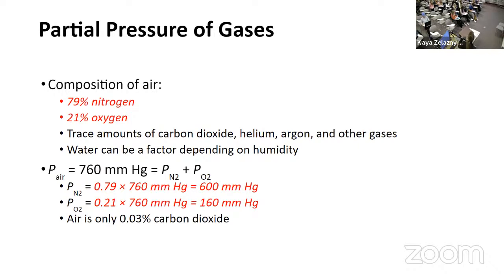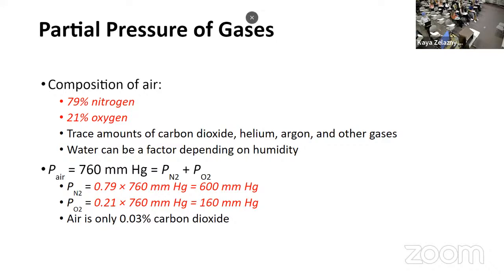Depending how humid it is outside, we may have water vapor as a gas in the air around us that can also make a difference, okay? So the composition of air is made up of a number of different gases. The ones we're primarily paying attention to are the nitrogen and the oxygen, at least at first, okay?